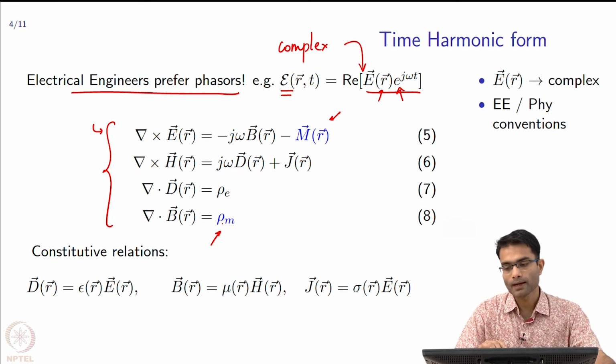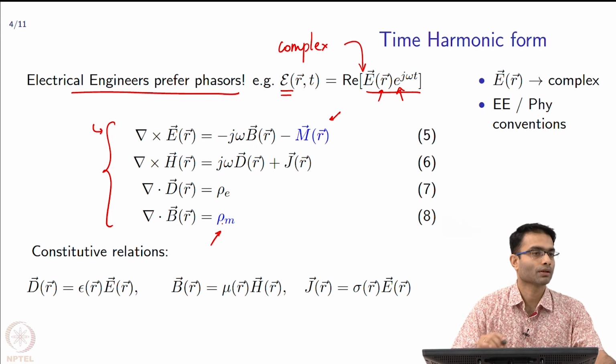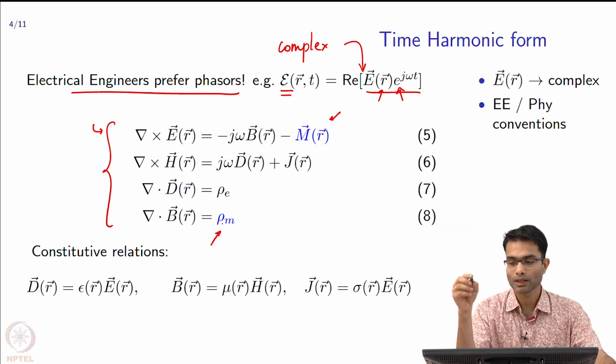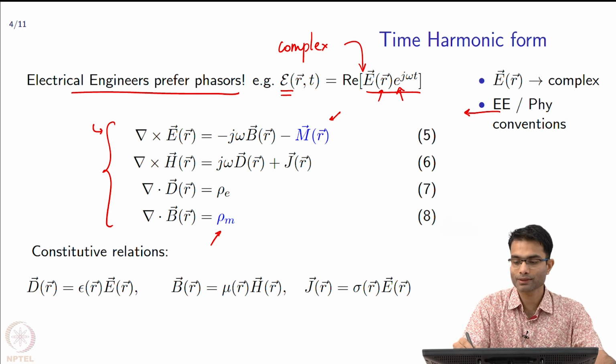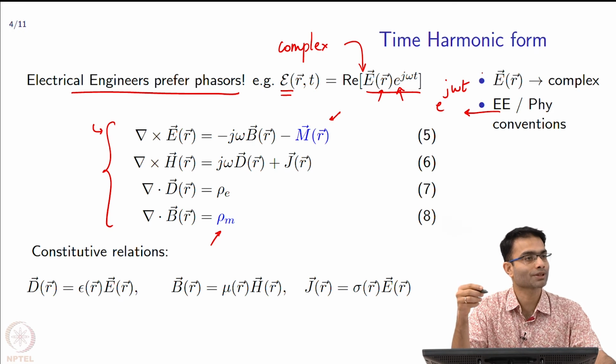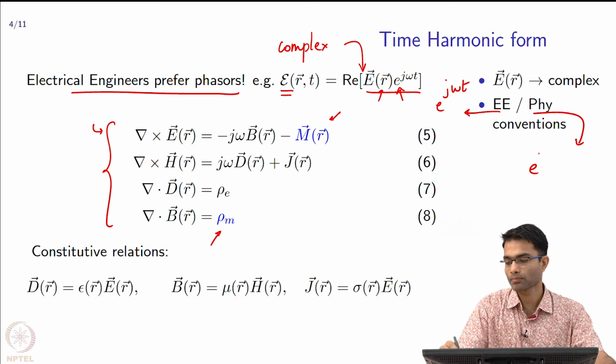One other thing I want to mention, which will happen when you read books from different disciplines. In electrical engineering, the convention is usually e to the j omega t. If you read a book from the physics or optics community, they prefer e to the minus j omega t.